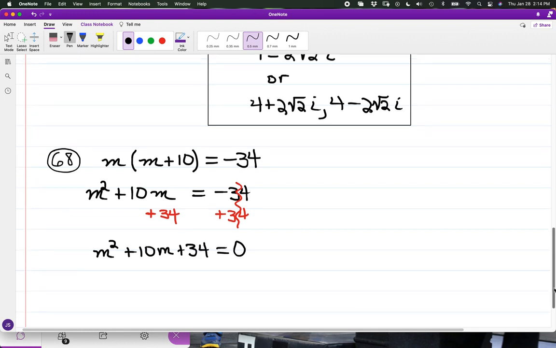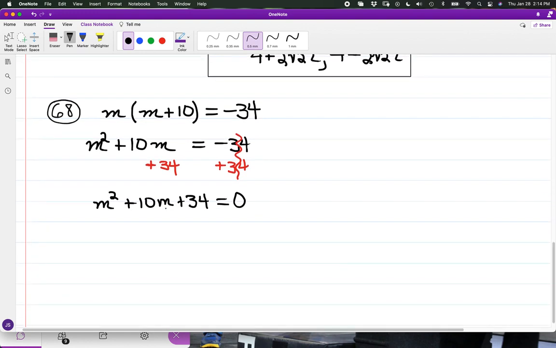Alright, in the case of this trinomial, this one cannot be factored into real valued integer coefficients either. There are no factors of 34 that will add up to 10 that are real integers. You might think of 1 and 34, 2 and 17, and those add up to 35 and 19 respectively, but not 10.